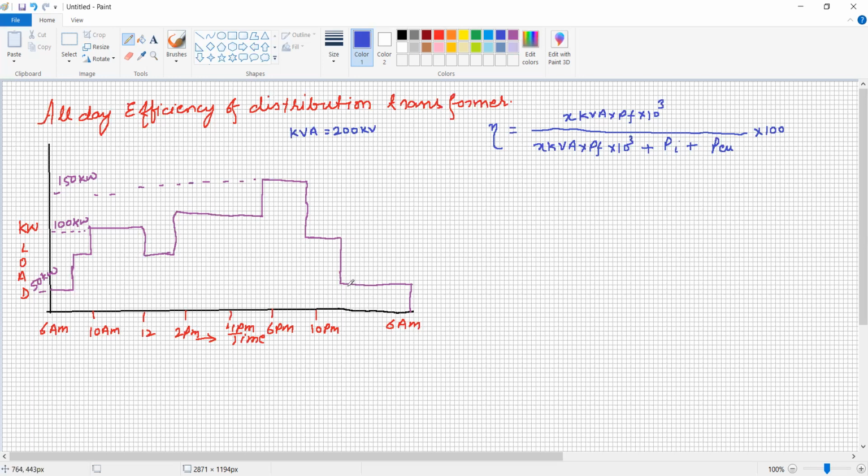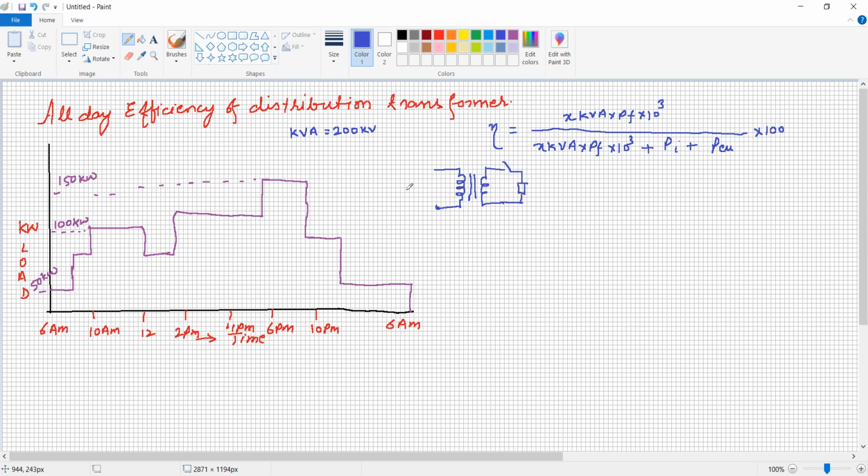But what about the efficiency during night time, from say 10 p.m. or 11 p.m. to 6 a.m.? During that time, the load on the transformer is very small, whereas the iron losses will remain present since the transformer is connected. Say this is the transformer. I'm representing it as single phase, but the distribution transformer is a 3-phase transformer, where the load is very small, or even say the load is 0.